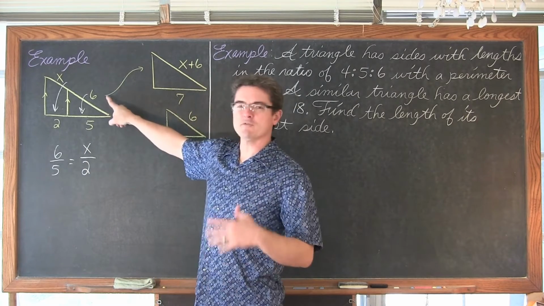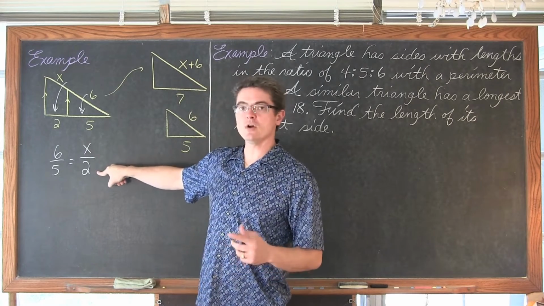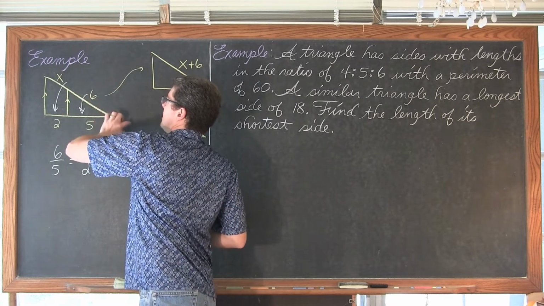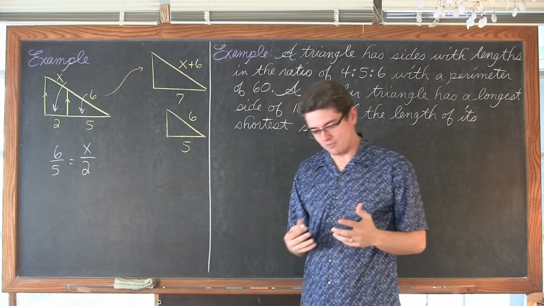We're going from top to bottom for the small triangle and top to bottom for the large triangle, but we're just using those tiny little pieces of the segments that finish up the entire lengths that make up that large triangle.